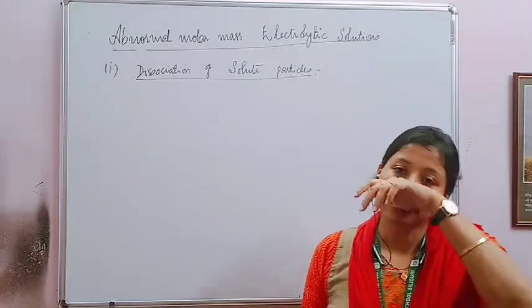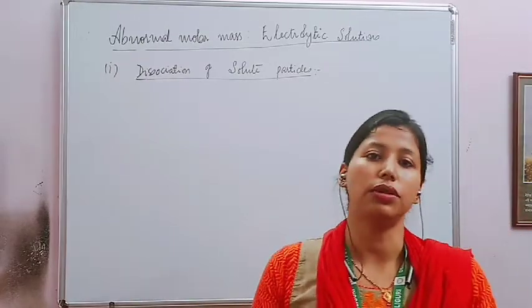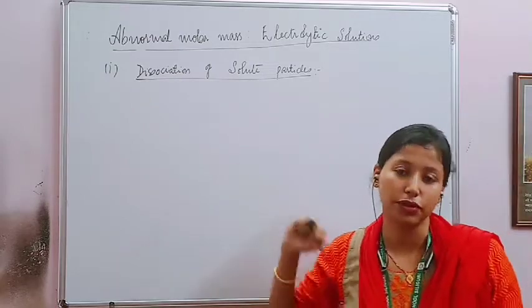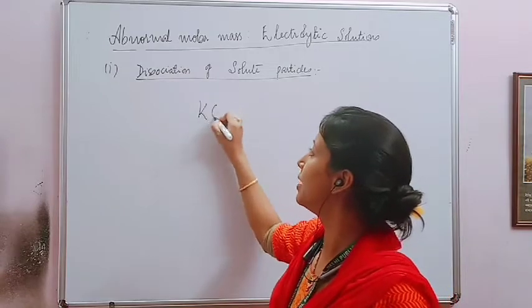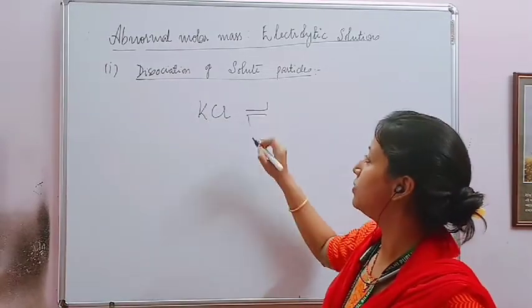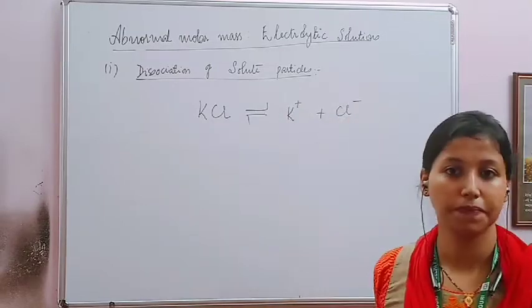We know that acids ionize in solution, and salts also dissociate. So this is for those kinds of solutes. For example, I'll choose KCl. You all know that if KCl is added to water, it will dissociate into K+ and Cl-.